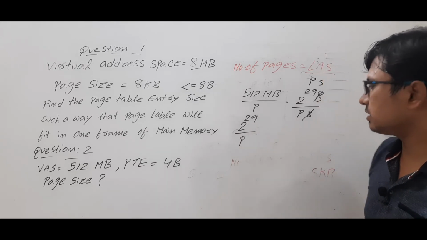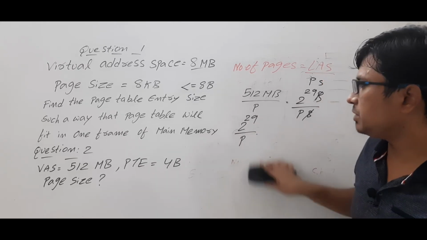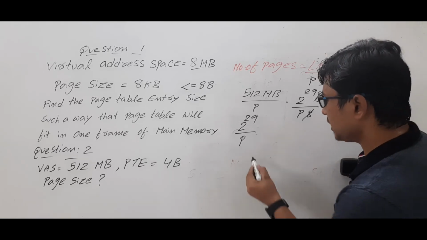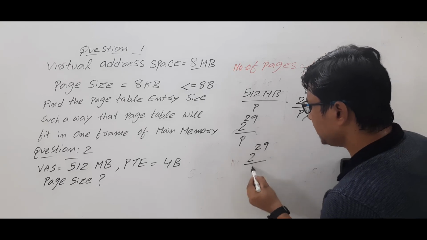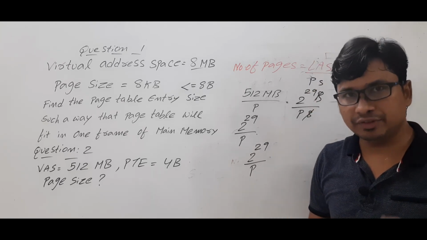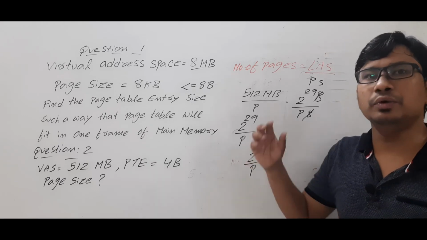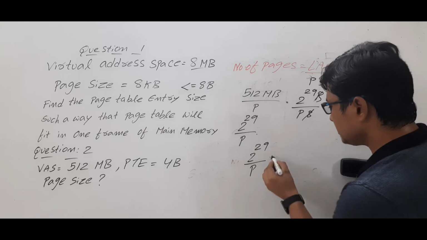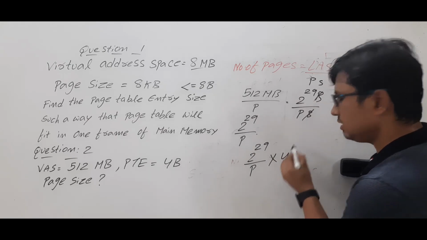These many pages are there. If you have these many pages in a page table, you will have 2 power 29 by P entries, because in a page table the number of entries will be equal to number of pages in a process, and they have given the entry size as 4 bytes.